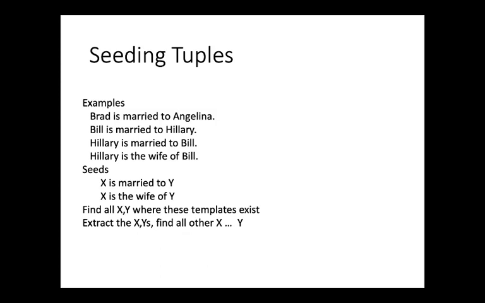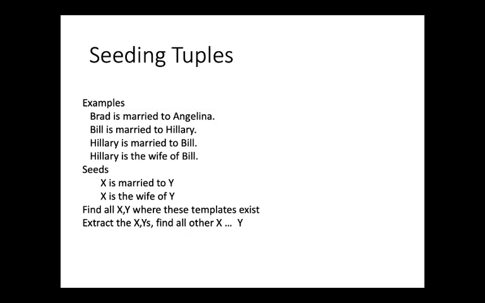Typically, it would be ordered, but in this case, being married is reciprocal. So if A is married to B, B is married to A, typically. Who is married to whom? That's what we're asking when we say, what tuples are there that we could start off with? Brad and Angelina, Bill and Hillary.